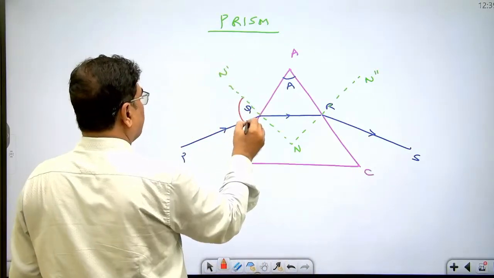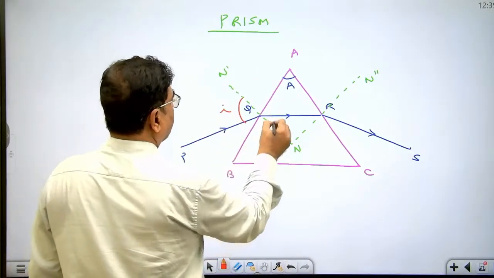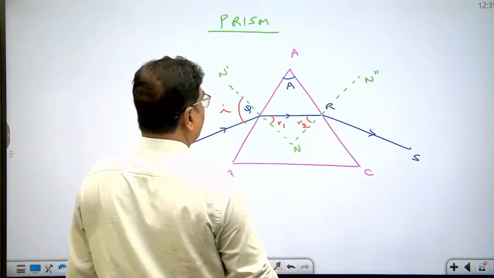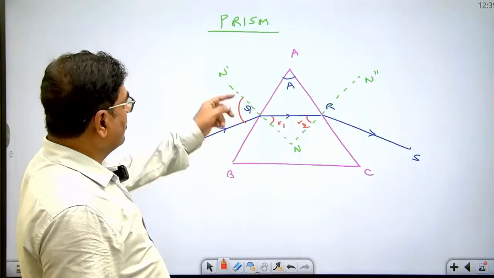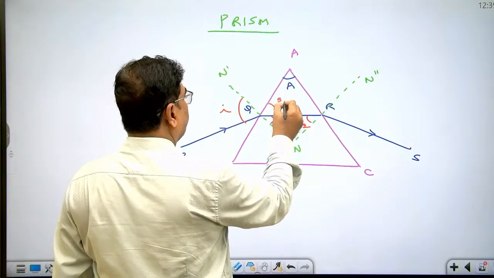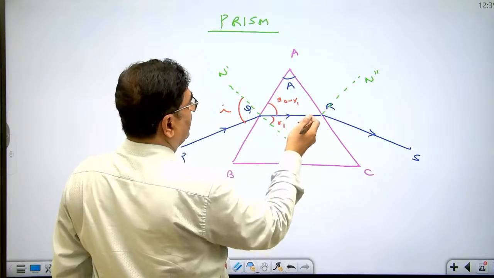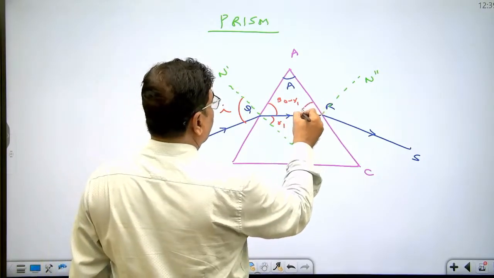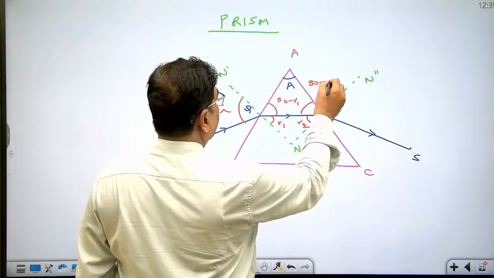If this angle is the angle of incidence I, this is the internal angle of refraction R1, this is R2. Since NN dash is normal to AB, this angle will be 90 minus R1. Again, NN double dash is normal to AC, this angle is R2, so this is 90 minus R2.